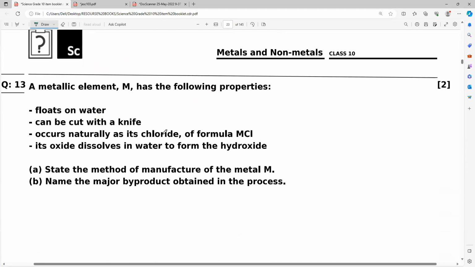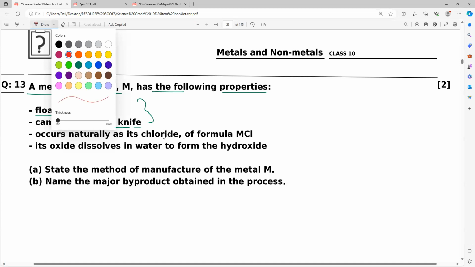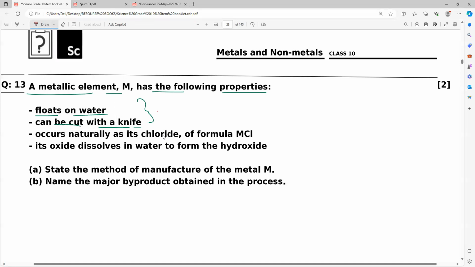A metallic element M has the following properties. It will float on water, can be cut with a knife. Can be cut with a knife means there are two options for us. Anybody? Float on water: sodium or potassium.